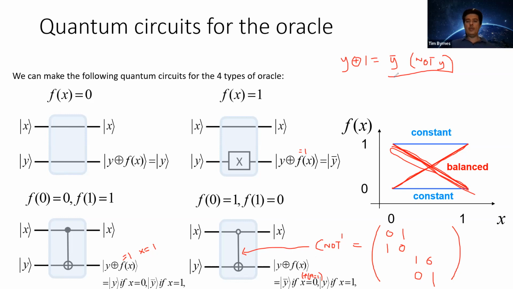So same logic as what I had here. When x is 0, y will be flipped and you'll have y bar. And if x equals 1, then you're adding 0, and so this does nothing. So this alternative C naught is how you implement it. Does this make sense?